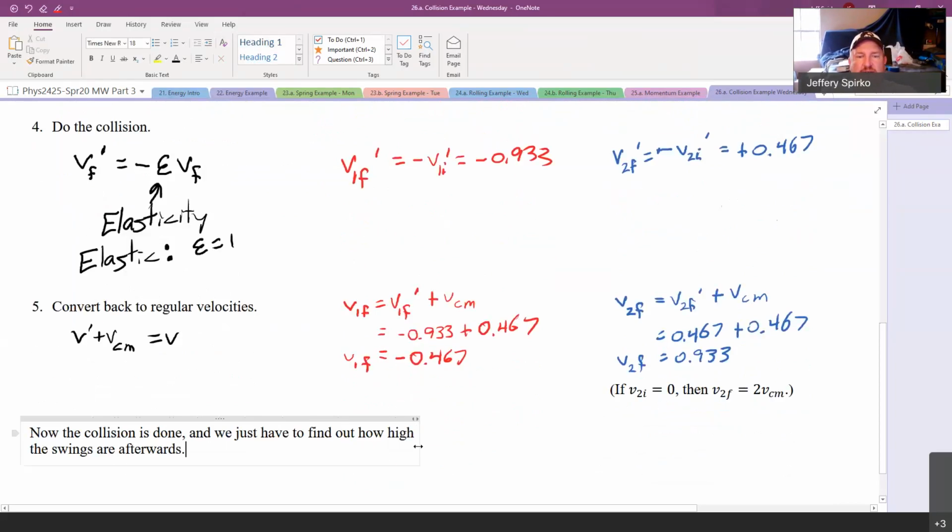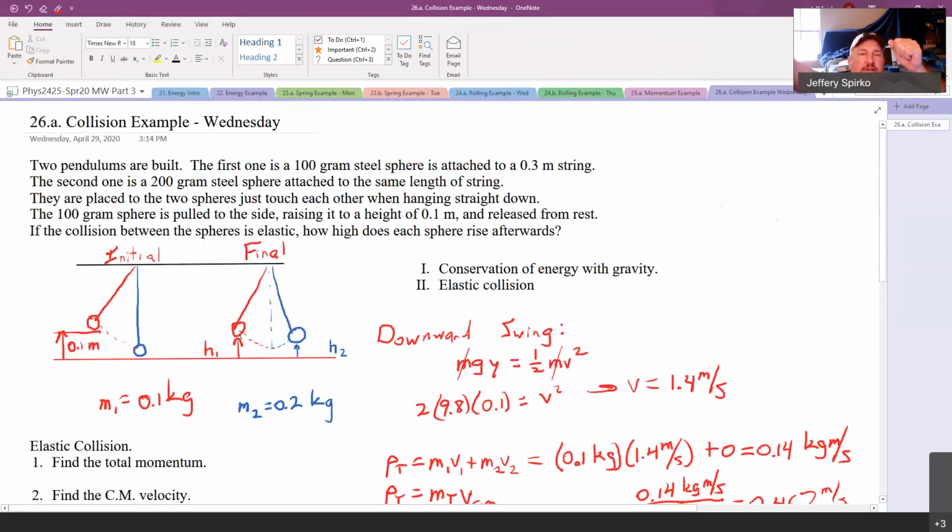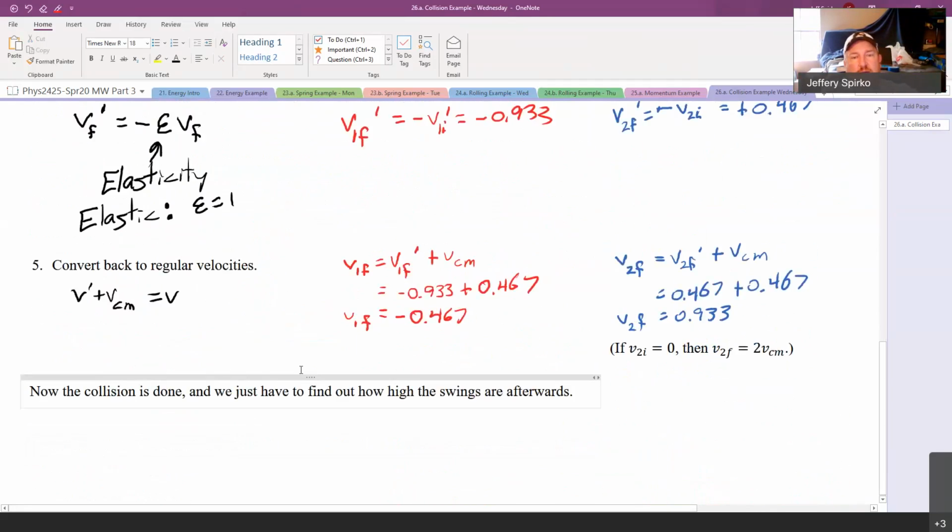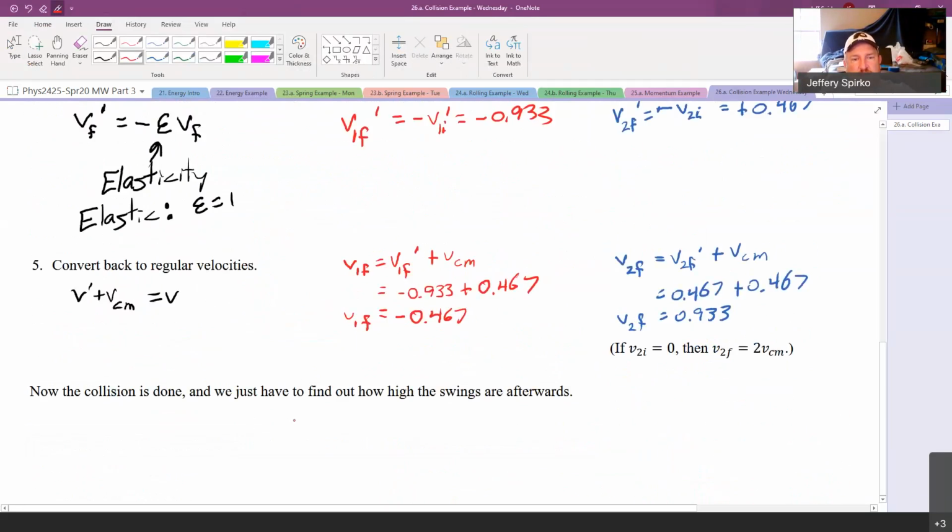And we just have to figure out how high these two things swing after the collision. Remember, the picture is that object 1 comes down, hits, and then they move away from each other and will achieve presumably different heights. So we can go with the regular conservation of energy analysis, 1/2 mv squared equals mgh. This time the initial is the kinetic energy and the final is the potential energy.